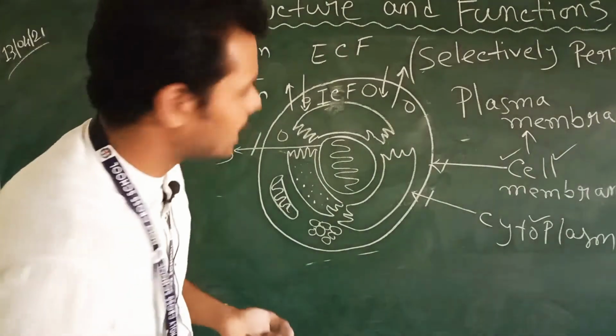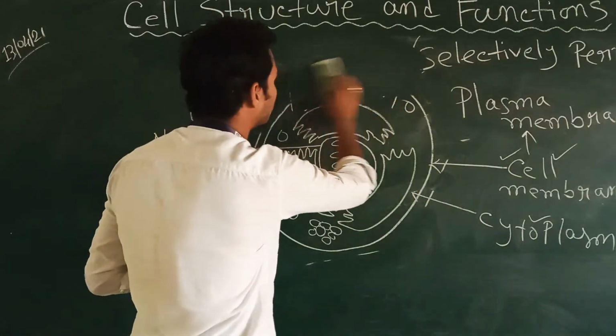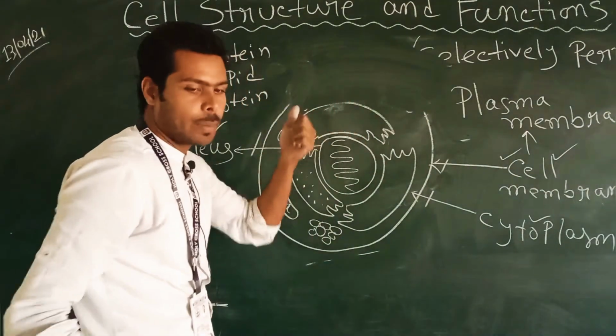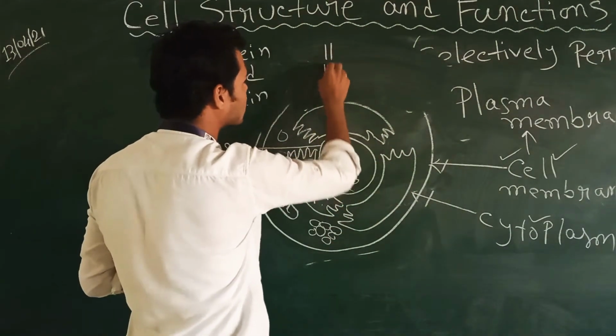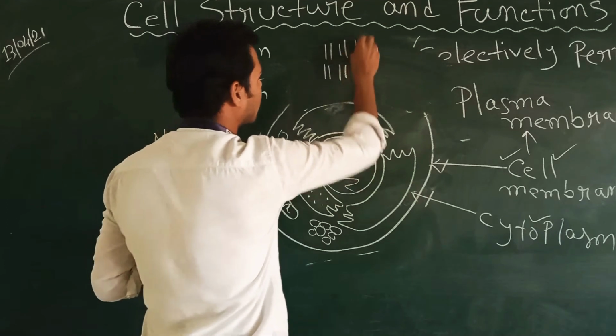If you zoom in on the cell membrane under a microscope, not a compound microscope but an electron microscope, you will see this kind of structure of a cell membrane.